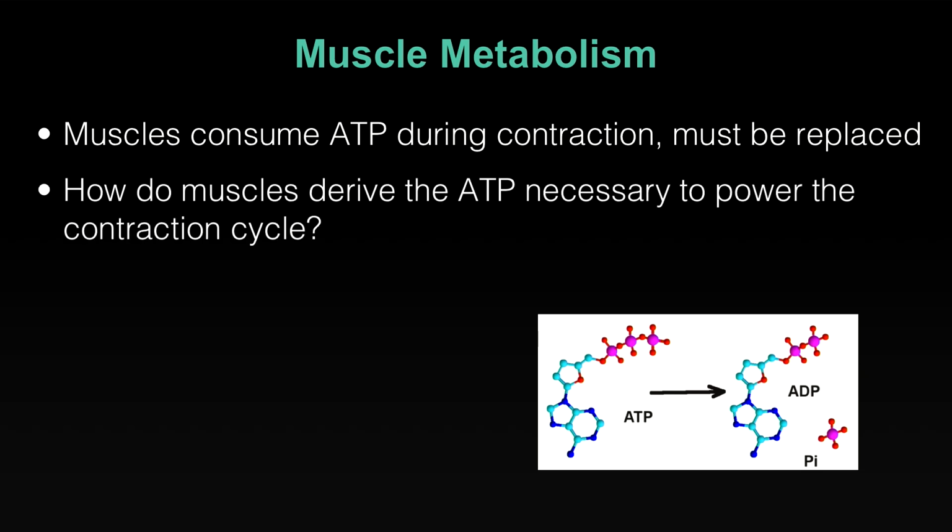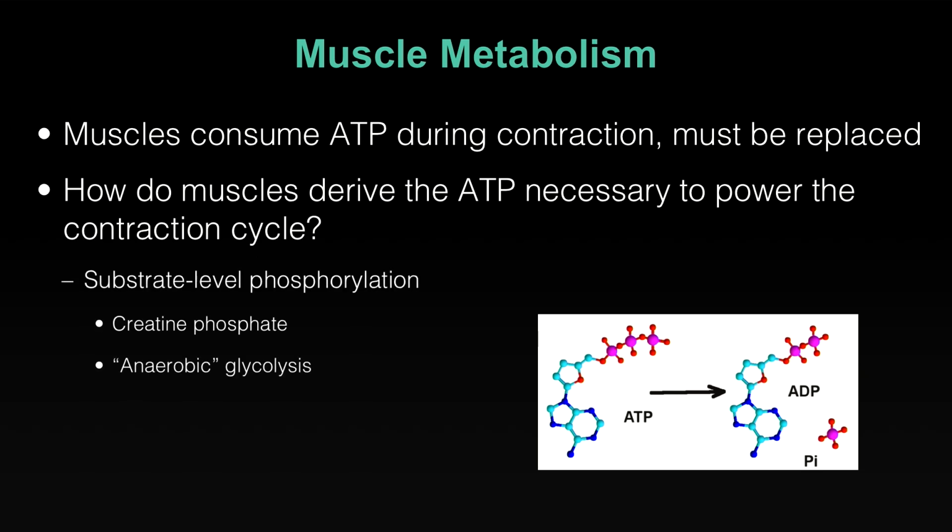So how do muscles make ATP? Myosin doesn't do it. Actin doesn't do it. None of the contractile proteins do it. Completely different systems are responsible for making ATP. And there are two general classes.